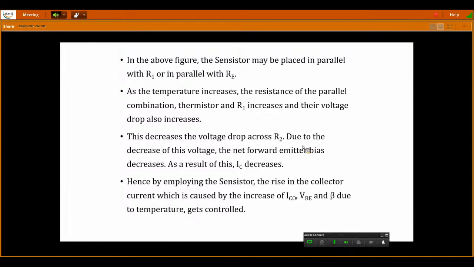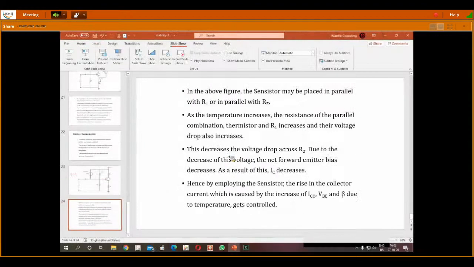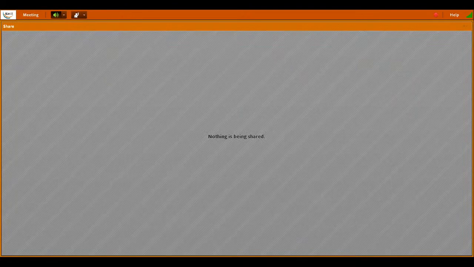By employing the transistor this way, we can compensate the rise in the collector current due to the increase in reverse saturation current, the base to emitter junction voltage, and beta values due to temperature. In this way we compensate the collector current rise and we maintain the stability of the circuit.